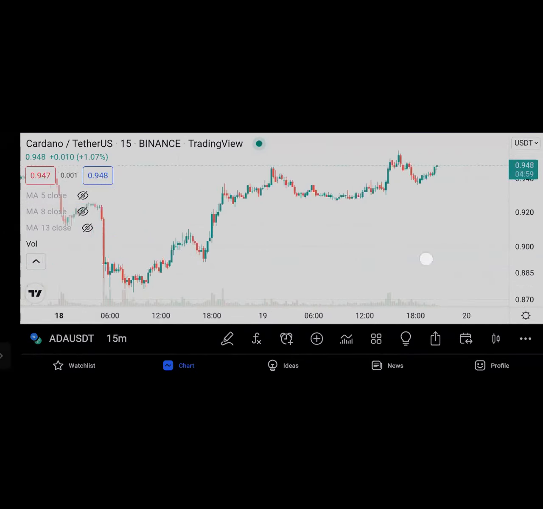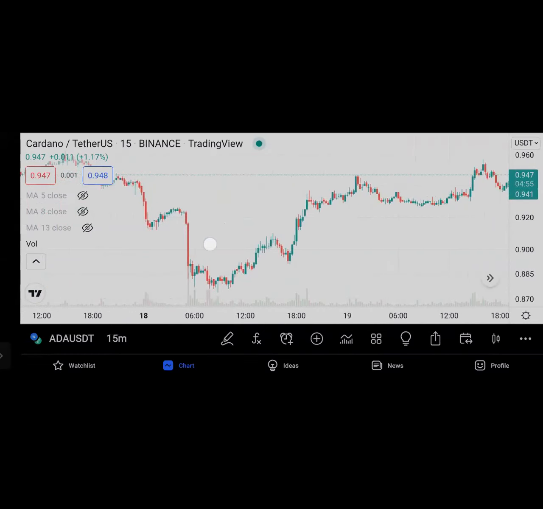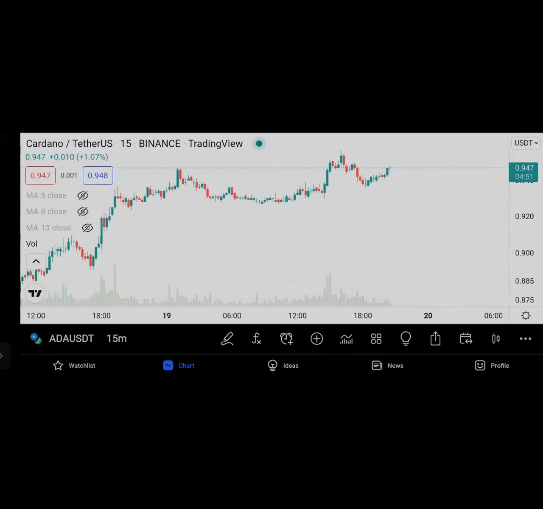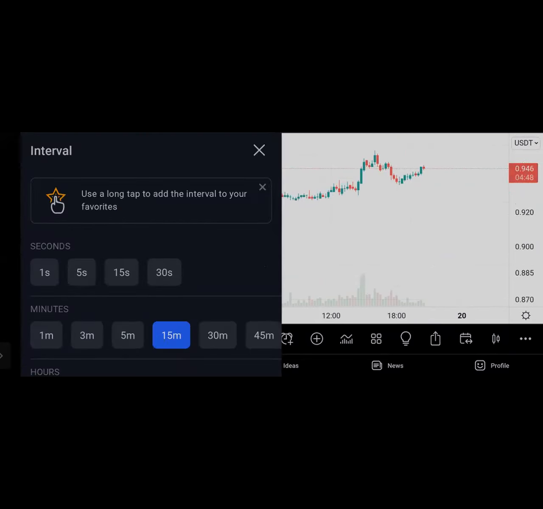All right. Let's see if we can find a bull flag here. Please give me, sorry. Let me switch to 1 hour.